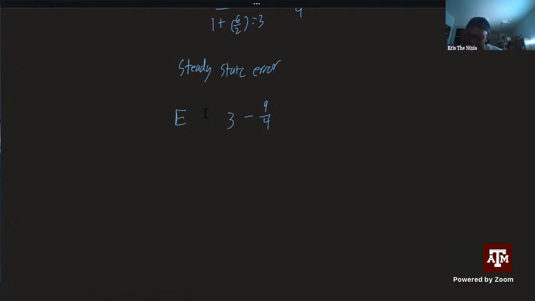If we multiply 3 by 4, you get 12 over 4 minus 9 over 4. That gives you 3/4, and that's our steady state error.